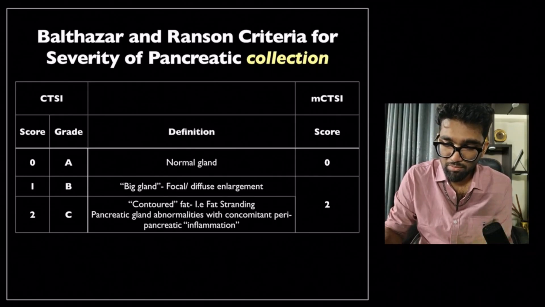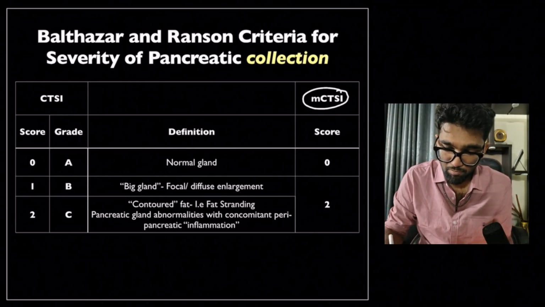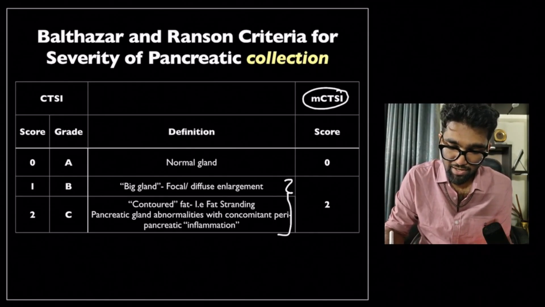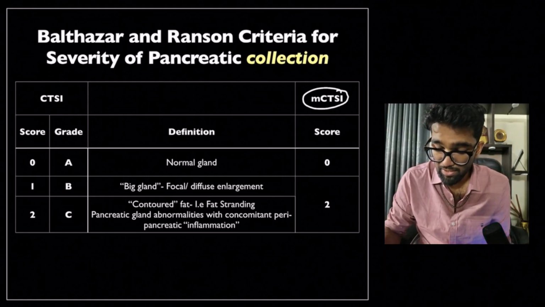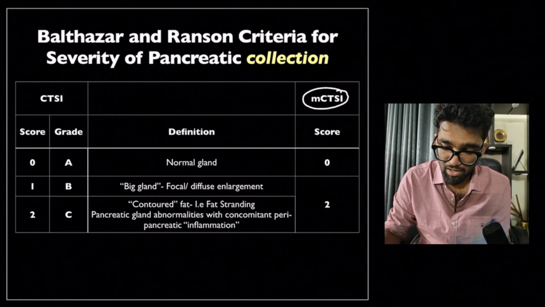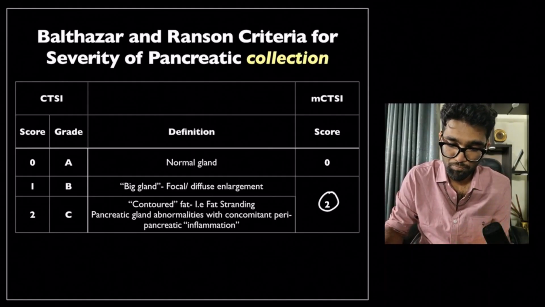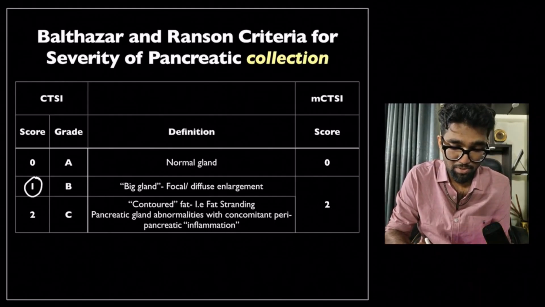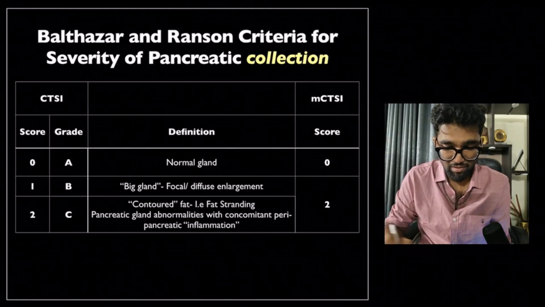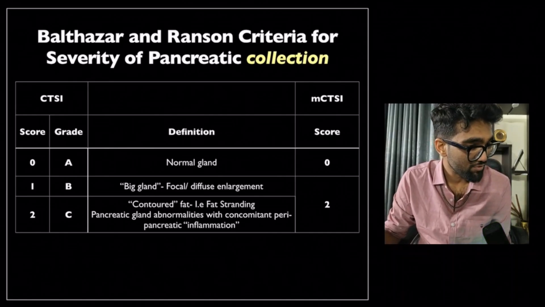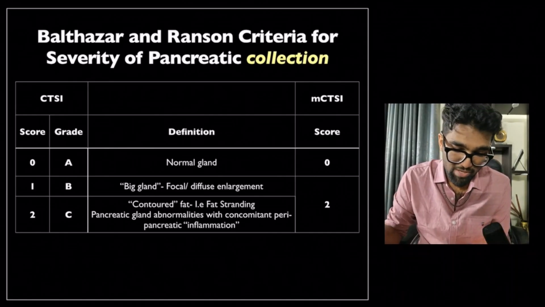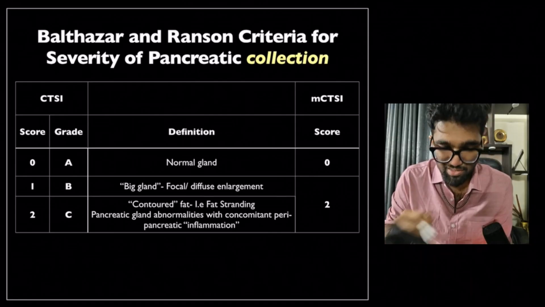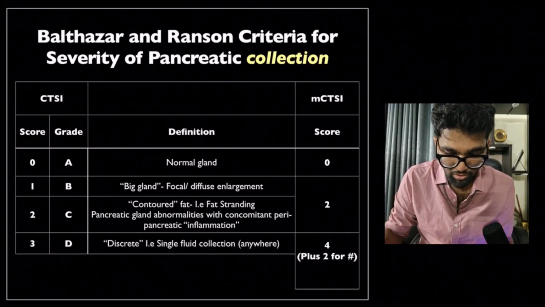Now, importantly, in the modified CT severity index, both the enlargement of the gland as well as the fat stranding around the gland are given a score of 2. Whereas in the original CT severity index, they were given separate scores of 1 and 2. And then they were additionally, just to create a little bit of confusion, given grades of B and C respectively. But it's easy to remember once you know the grades.